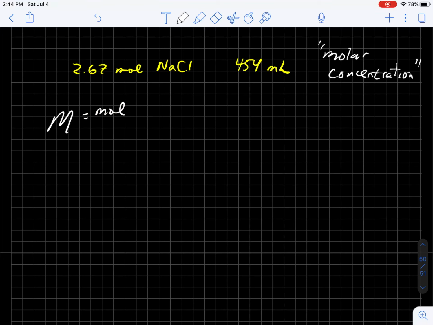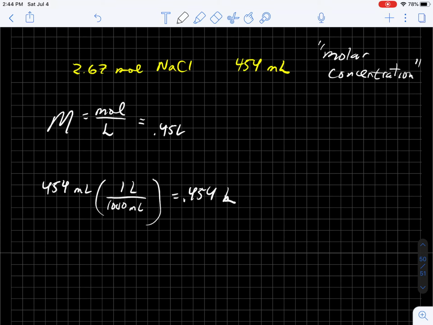So what's the molar concentration of this solution? Well, it's pretty easy. We just set up our formula, do a formula-based approach. Molarity is moles divided by liters. We're going to have to convert the 454 milliliters to liters. So let's do that. 1,000 milliliters is a liter, so this comes out to be 0.454 liters. We're going to substitute that in, and they were nice enough to tell us how many moles.